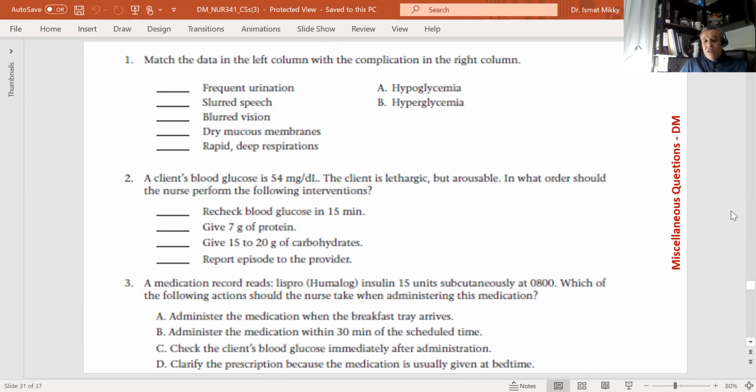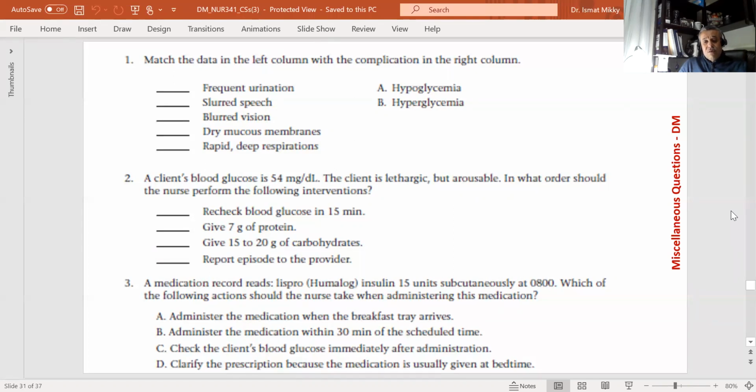So for this question, the greatest risk to the client or patient is the lack of glucose for cell metabolism. So the priority action is to give up to 15 to 20 grams of carbs.